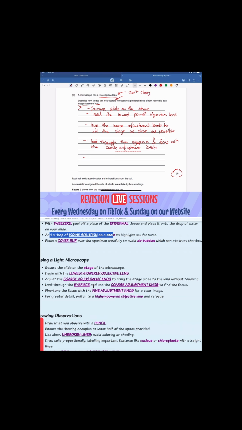So what do you think the objective lens should be to get a times 50 magnification? The eyepiece lens is times 5. You want times 50. So what does the other lens need to be? Yep, thank you. Times 10, because 5 times 10 is equal to 50.